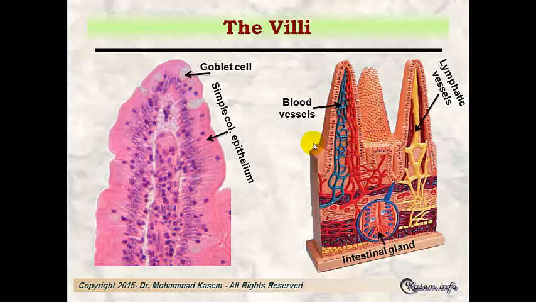Also, we see the simple columnar epithelial cells together with the goblet cells lining the villi of the small intestine. Here is the true picture we see under the microscope. We find the central core of connective tissue, simple columnar epithelial layer, many cells with few goblet cells. This is a typical villus of the duodenum.